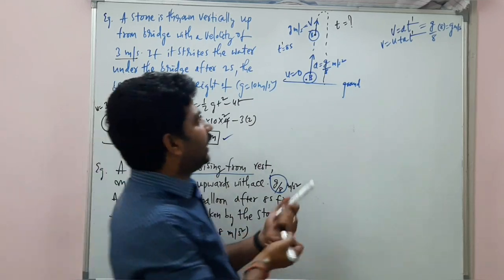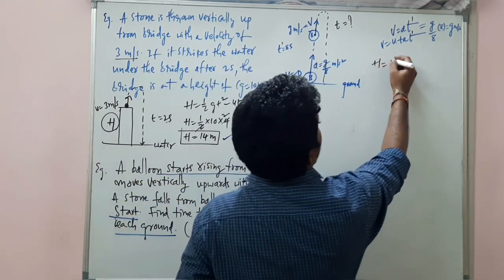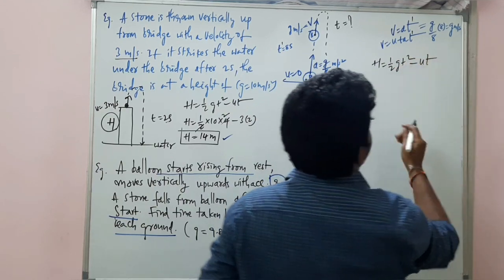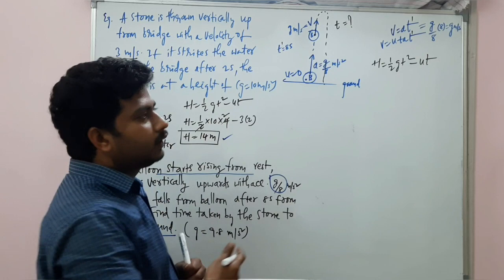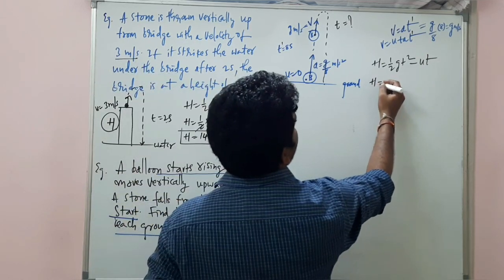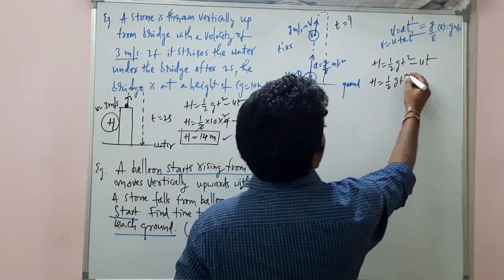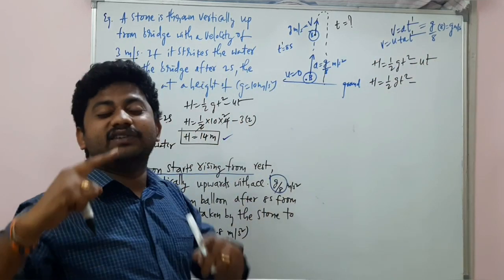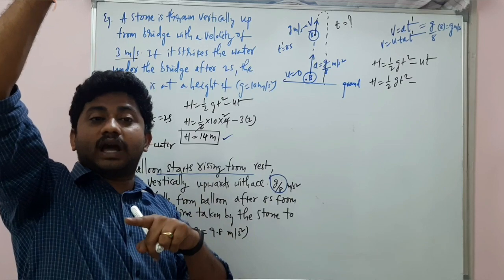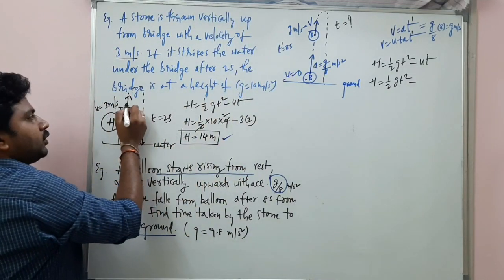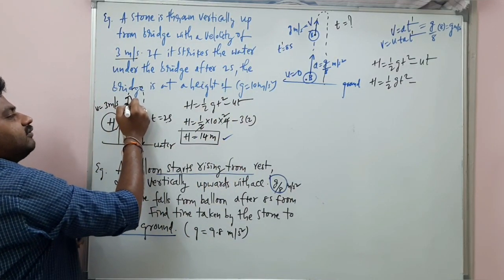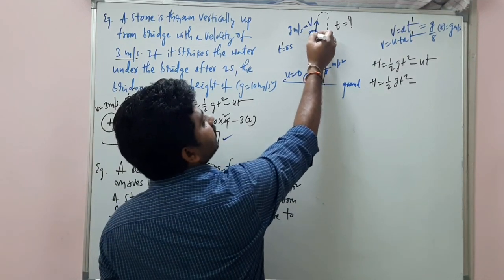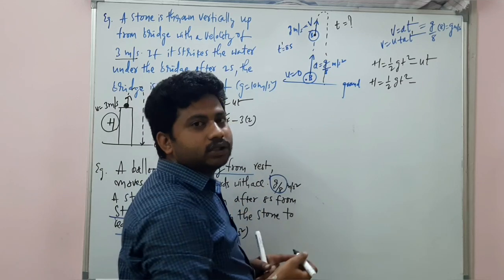We have the formula h is equal to half gt square minus ut. The t we need to find out. So h is equal to half gt square minus ut. What is u? u is the initial velocity with which the stone is thrown from the tower. Similar to this case, what is the initial velocity with which the body is thrown from this point?